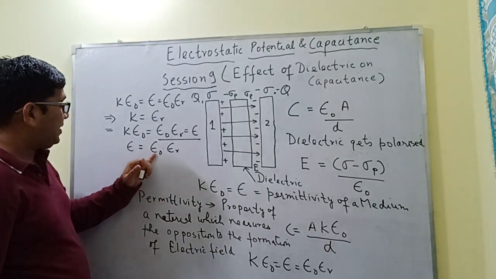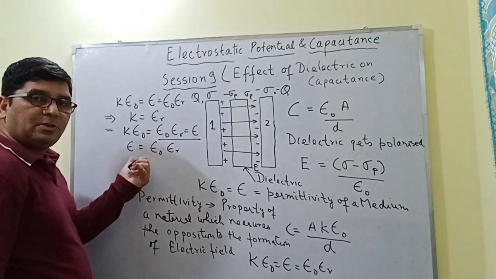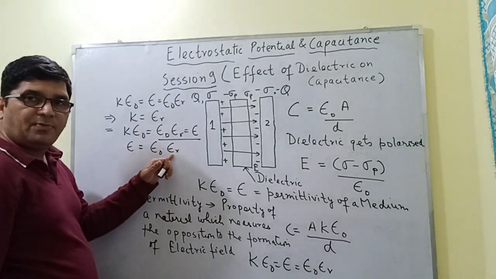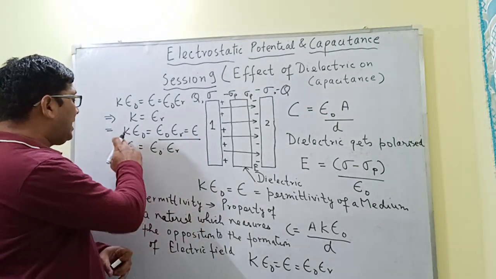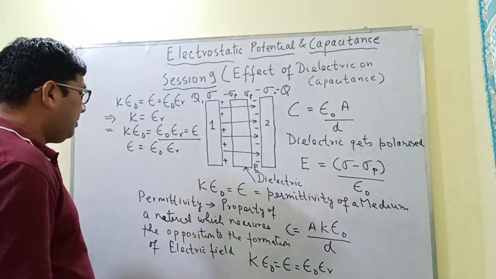So the multiplication, that is permittivity of free space into the relative permittivity, is equal to the permittivity of a medium. So if we know this epsilon or if we know the value of this dielectric constant K, then we can know the permittivity of any medium.